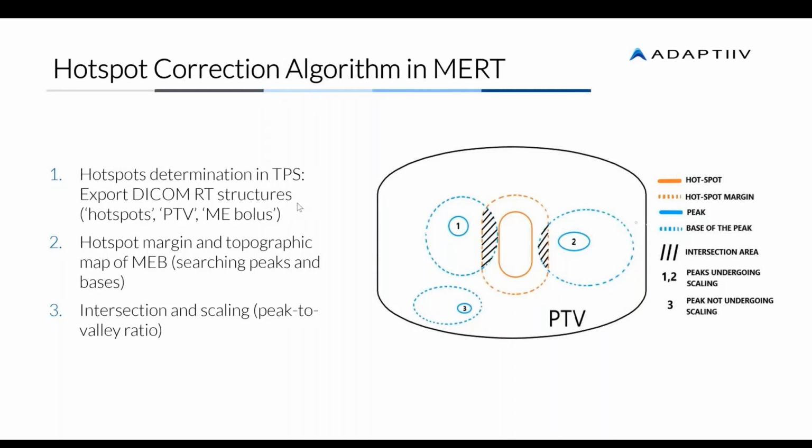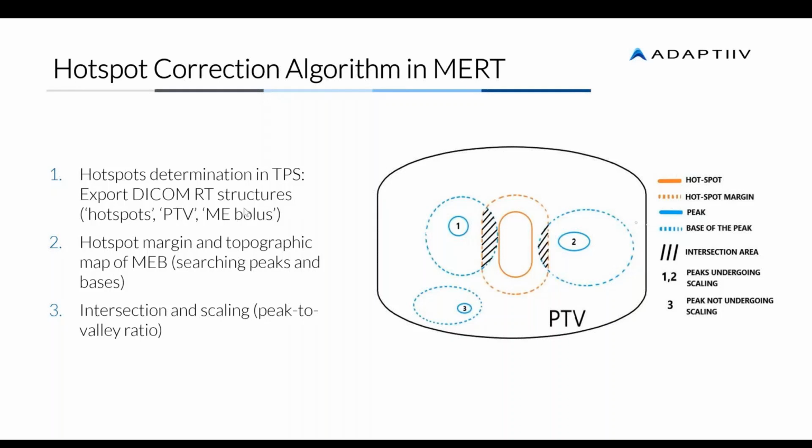So we will choose, let's say, 107% or 110 or 115, whichever percentage or dose you consider the hotspot. These hotspots, as I said, are converted into RT structures.